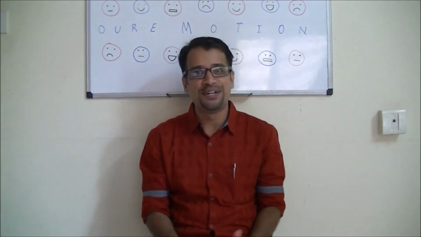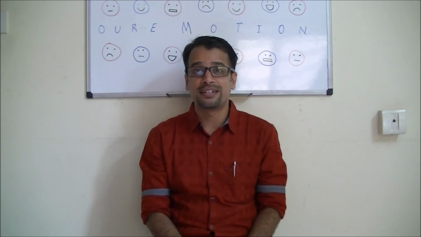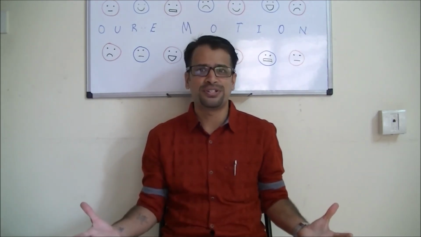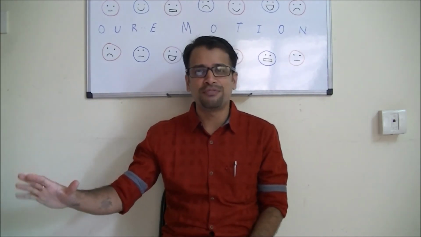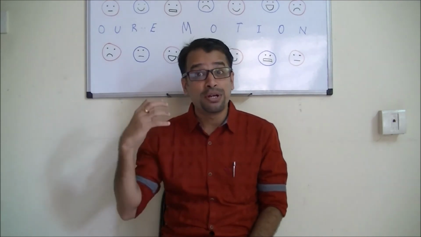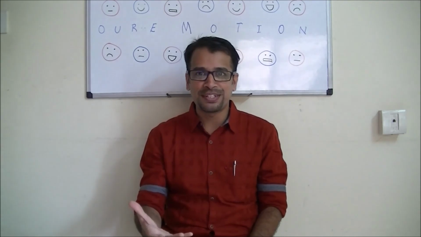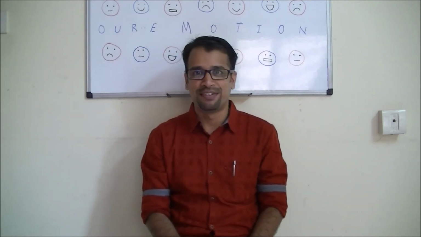Can you avoid? No point of avoiding your spouse, right? Then what should you do? Accept. Acceptance is the biggest tool you have. Accept the person as he or she is and see, everything is the same, nothing has changed, okay? He or she is behaving in the same way, you are also in the same situation, but you will be better equipped to manage that situation and also manage your stress levels and emotional levels.